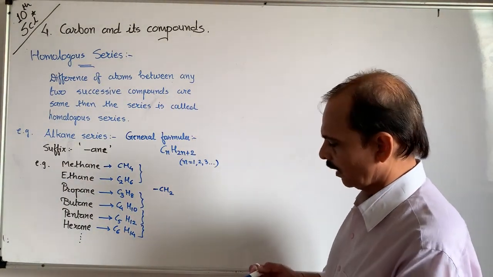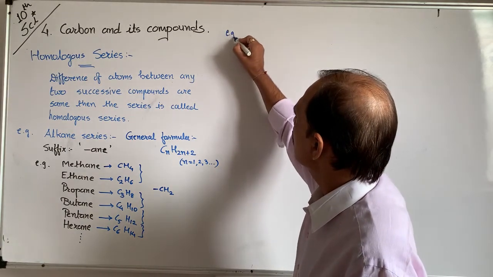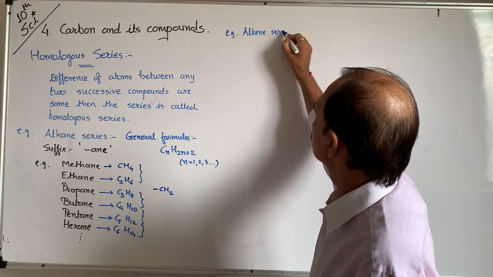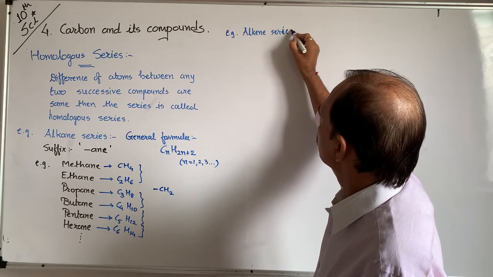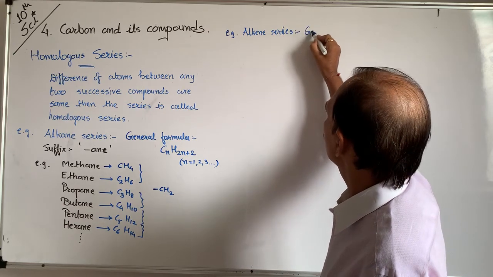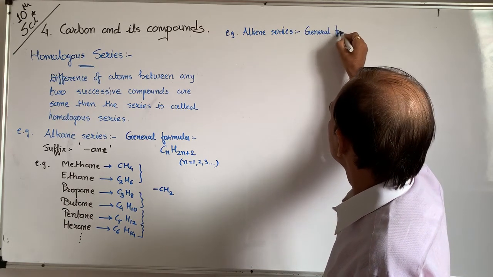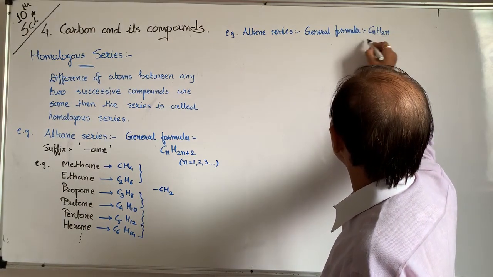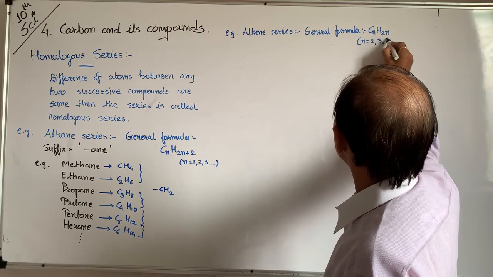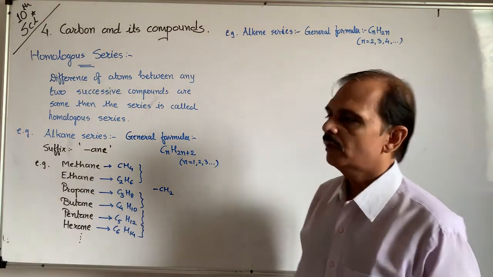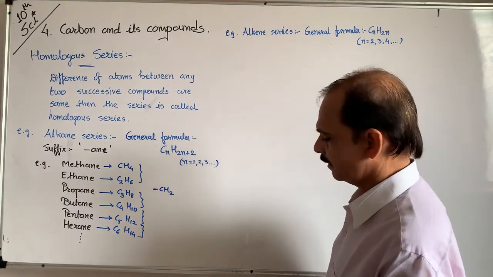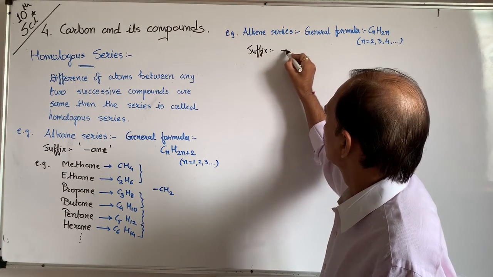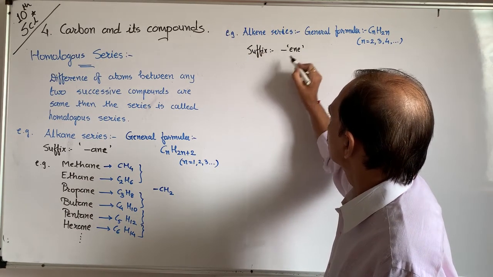As for example, you all learned about the alkene series in 9th standard. Alkene series, its general formula is CnH2n, and n starts with 2, 3, 4, etc. No number 1 there. The suffix after the name is ene, E-N-E.